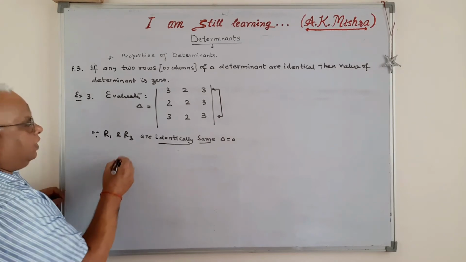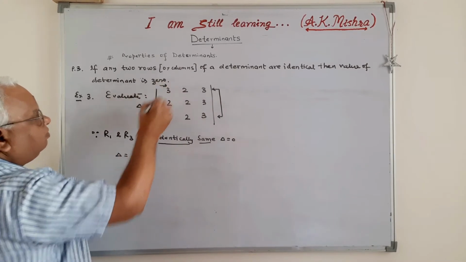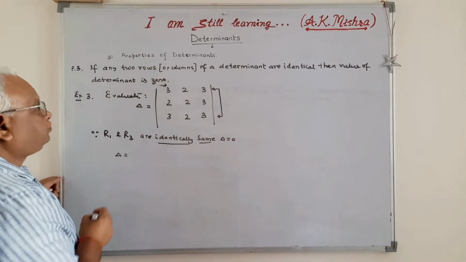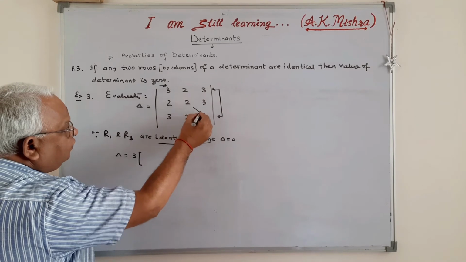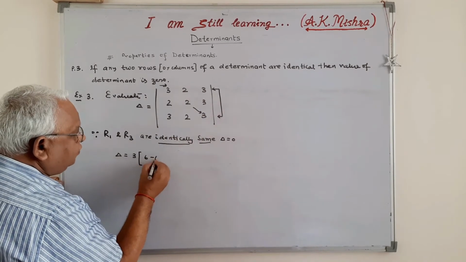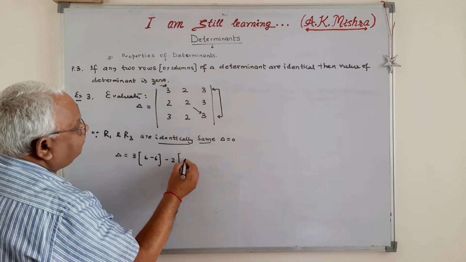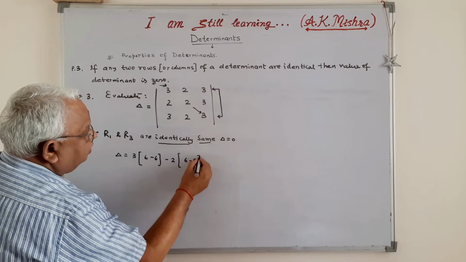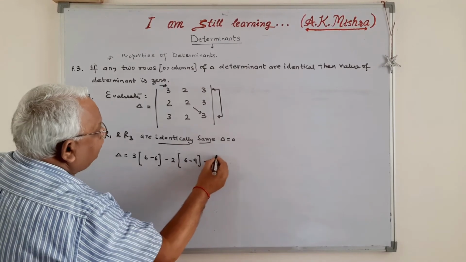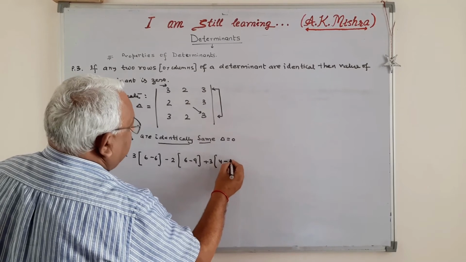But let us verify by calculating it. I am again expanding by using the first row. So 3 times (6 minus 6), minus 2 times (6 minus 9), plus 3 times (4 minus 6).